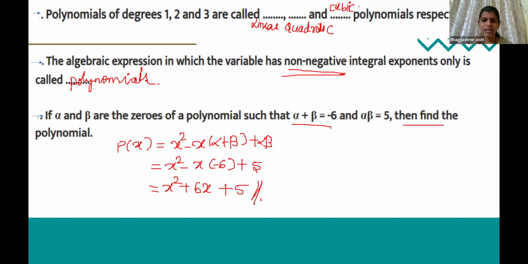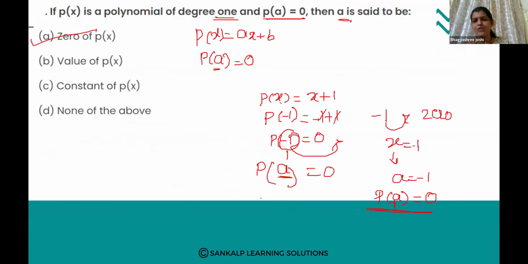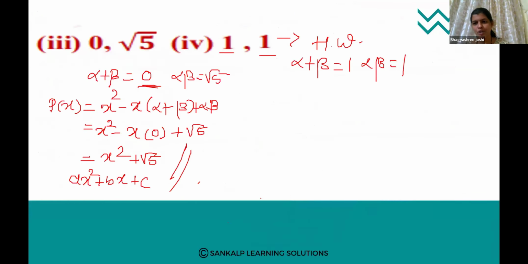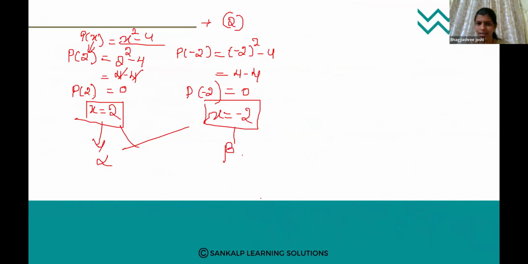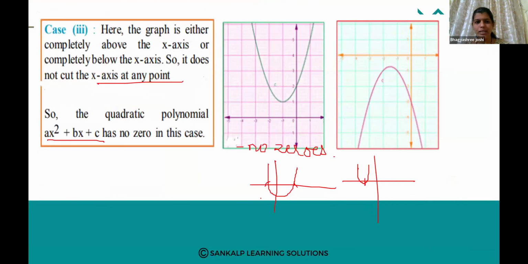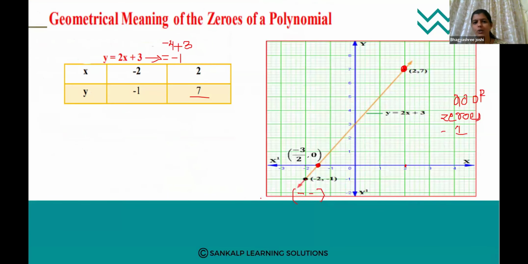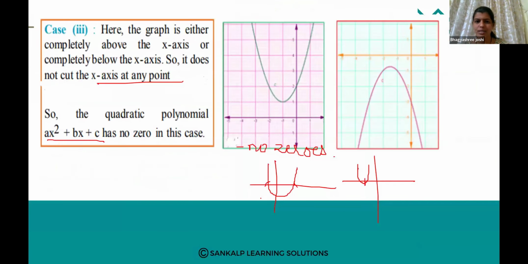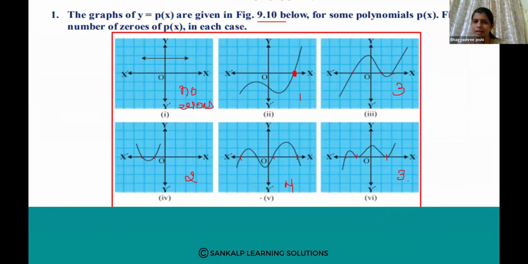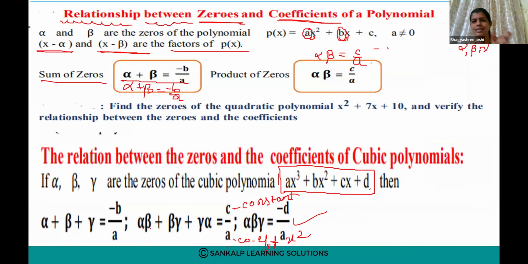Okay. So this completes your polynomial chapter. Here we have learned what is a polynomial and types of polynomial depending upon the terms and depending upon the degree, and the main important point is the geometrical meaning of the zeros of a polynomial. Here we are going to plot a graph. By using that graph, we can tell how many zeros it has, right? And the next part is the relationship between zeros and coefficients of a polynomial.